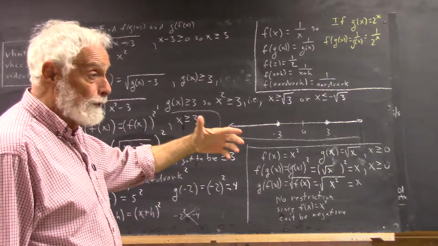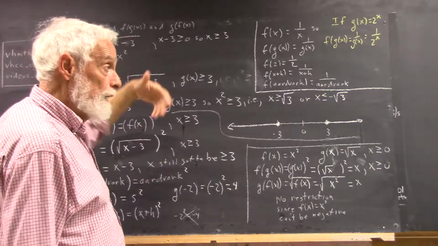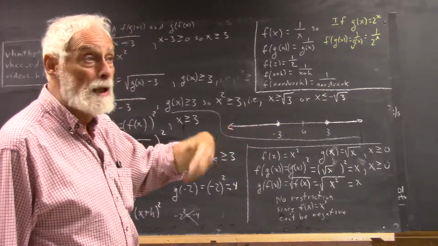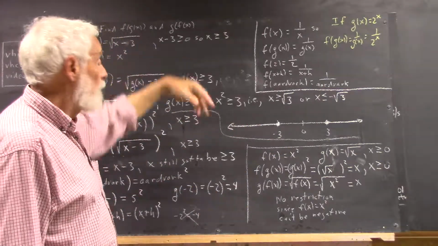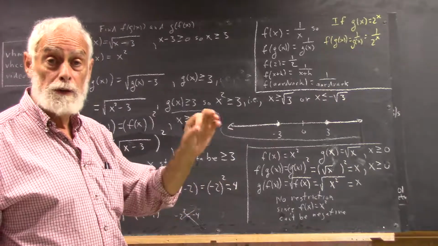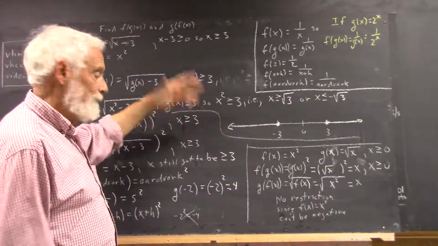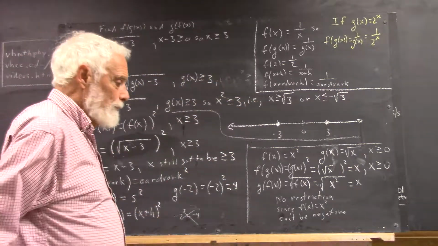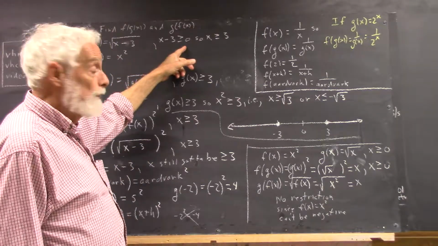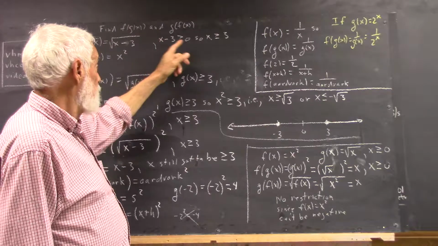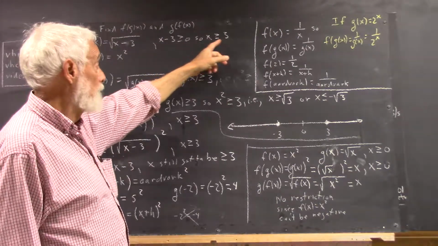If it isn't, it's negative. Square root of a negative, you can do it, but it's a complex number, and we're talking about real-valued functions of real numbers. We don't allow complex numbers. So x minus 3 has to be greater than or equal to 0, and that's easy to rearrange. x has to be greater than or equal to 3.